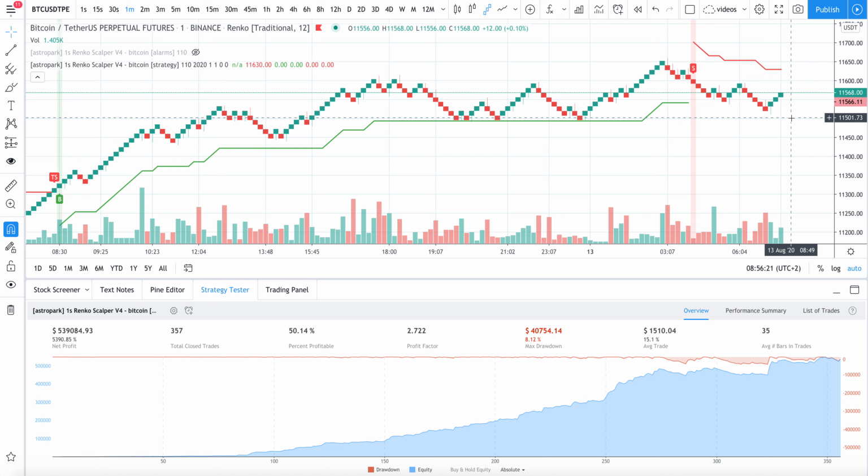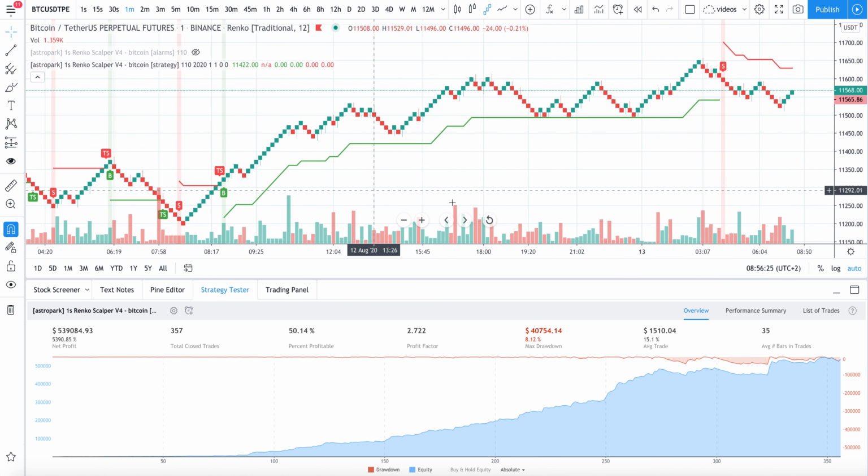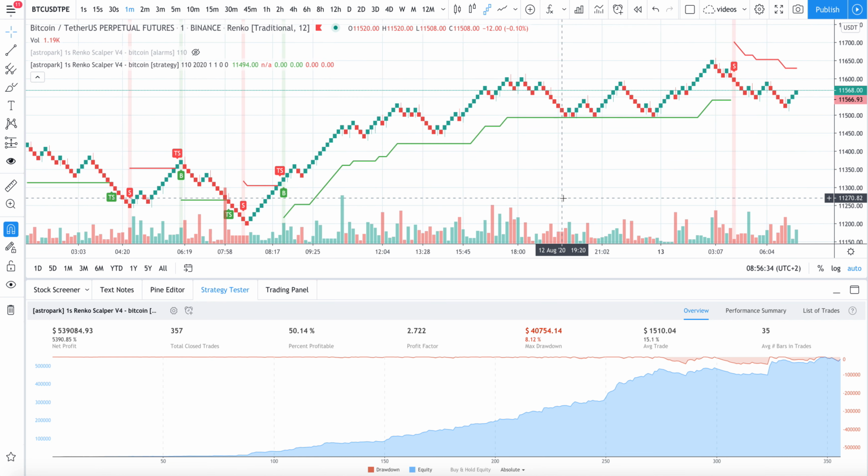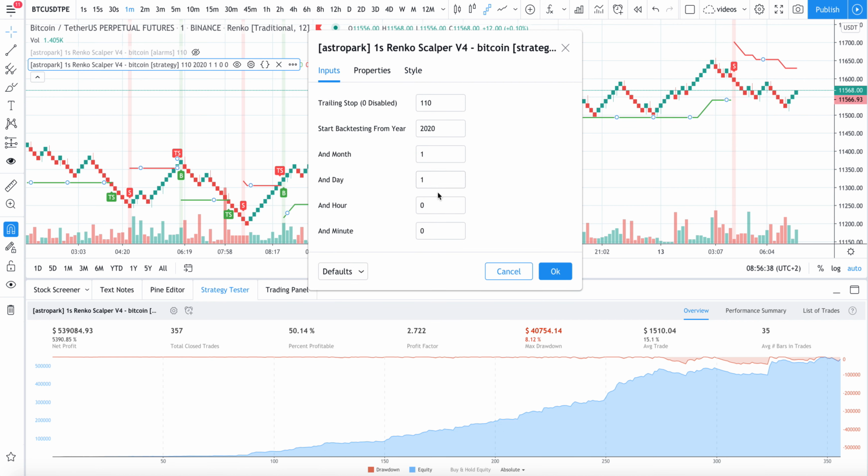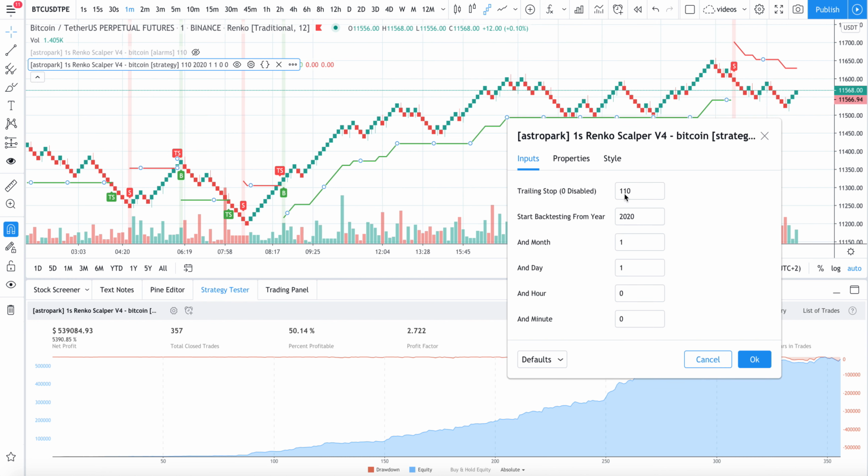Okay, so today I'm going to talk to you about this Renko Scalper after this little briefing on how a Renko chart works. And this is one of my best tools. You can set a trailing stop loss. If you set it to 0, it is disabled.